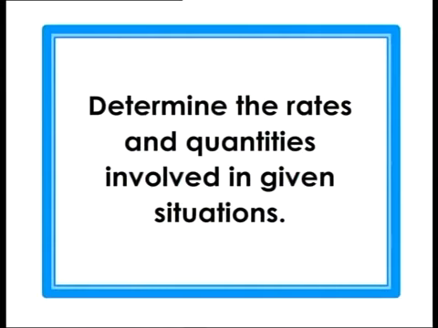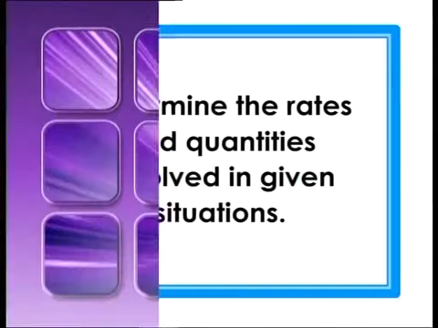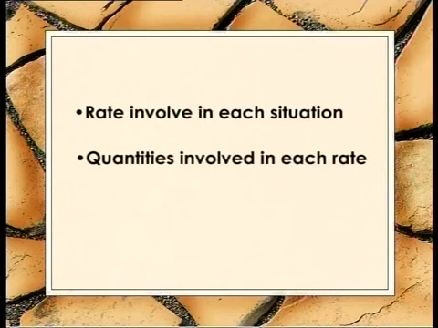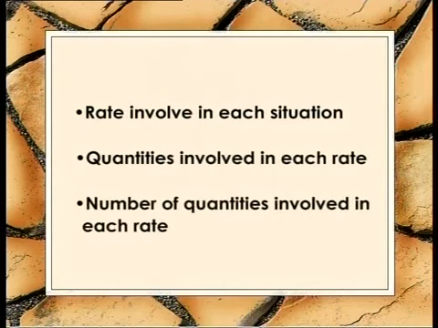Determine the rates and quantities involved in given situations. There are many situations in our everyday life which involve rates. Can you determine the rate involved in each situation, quantities involved in each rate, number of quantities involved in each rate? Example 1.